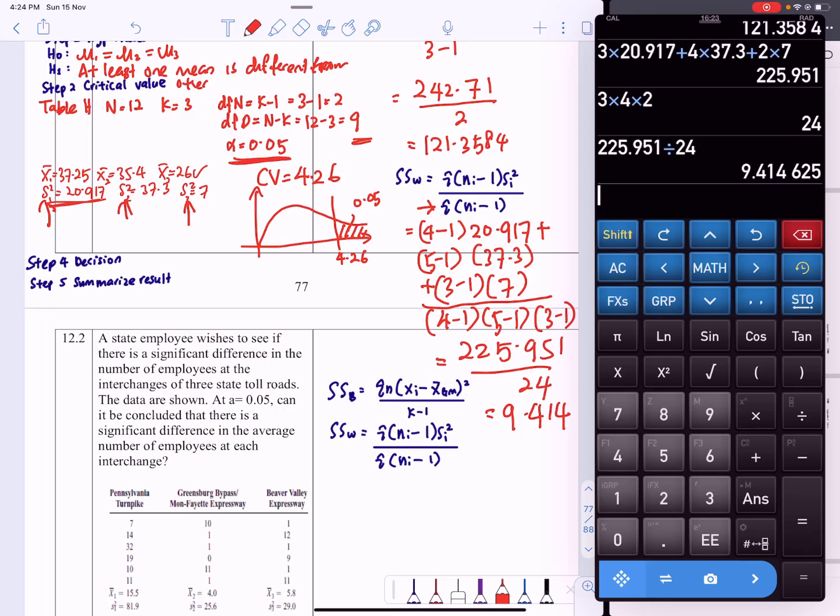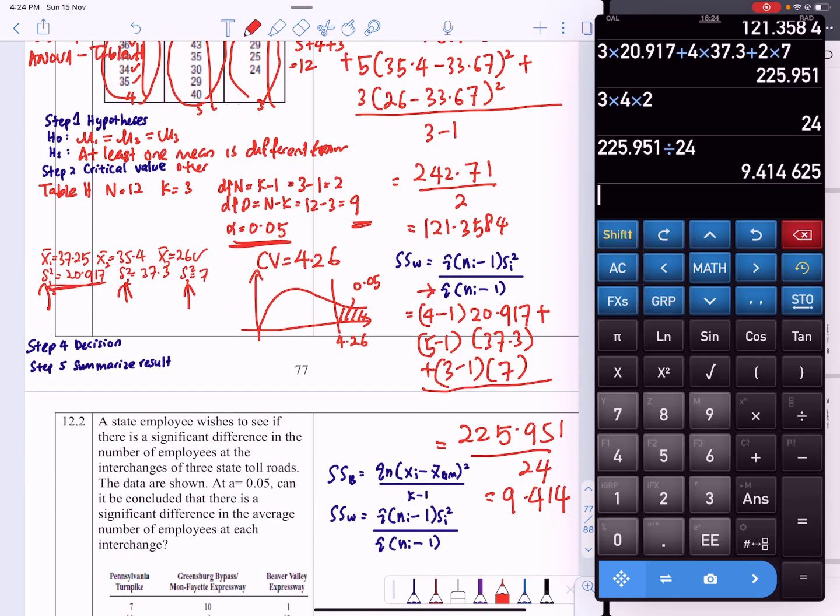We need to plus. I stand to correct it. 4 minus 1 plus 5 minus 1 plus 3 minus 1.